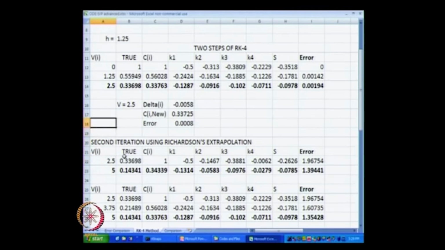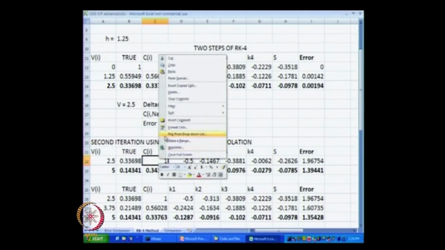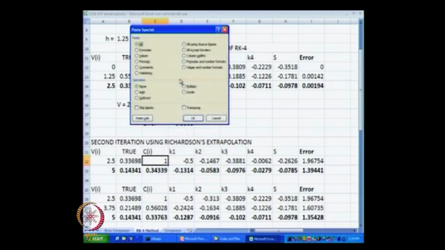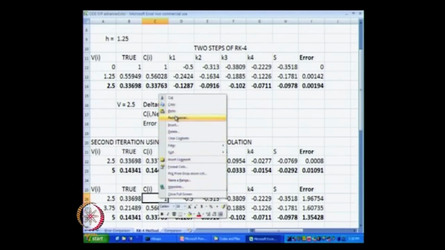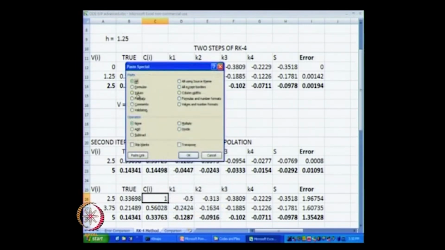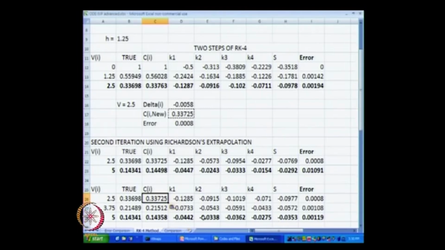Okay. What I will do next is copy this value of Ci new and then paste it over here, paste special and values. I do not want the formula to be pasted, I only want the value to be pasted. Okay.